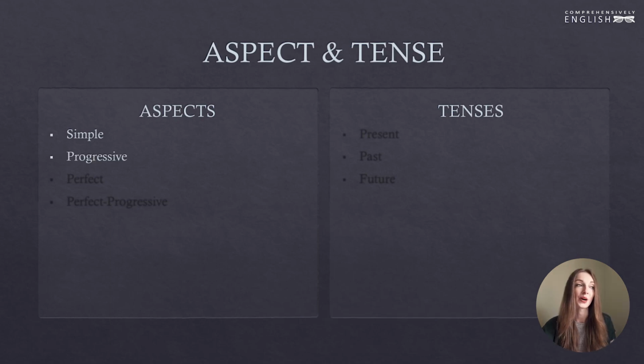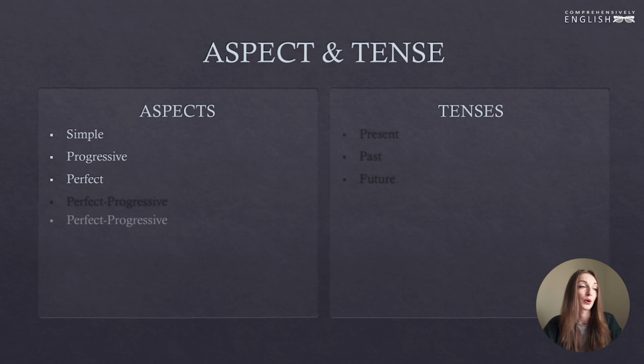Then we have the progressive aspect. Things here are in progress. Progressive aspect tells us about processes, helps us to express things that are continuing. The perfect aspect. It comes from the Latin verb perfectum, which means complete. Here we speak about things which are complete, of which we can see results.